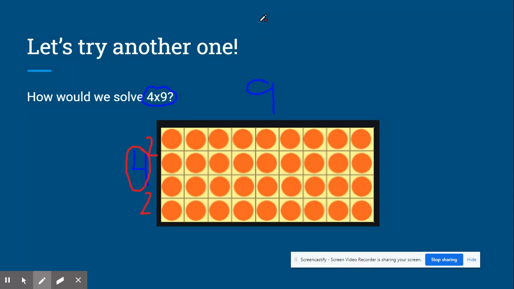And I would write that just like this if you follow me up top. 2 times 9, and I'm going to put that in parentheses to show that they are a group and they go together, plus, because I'm going to combine them, another 2 times 9.